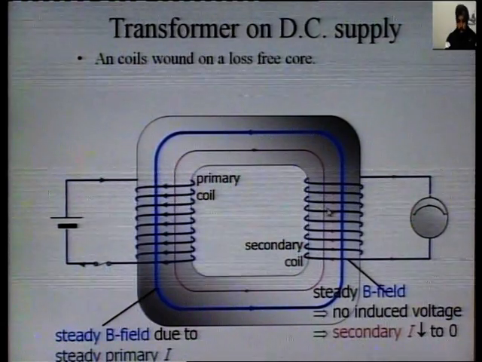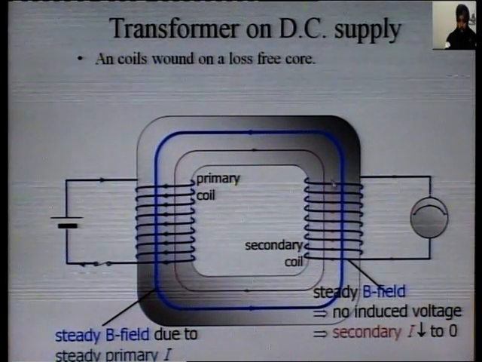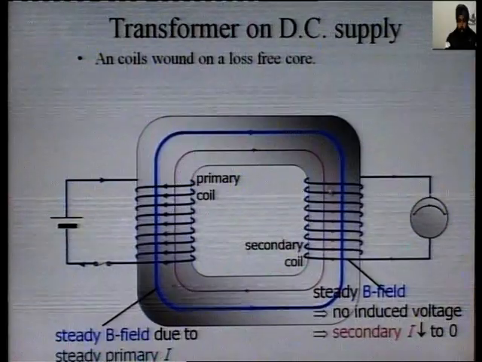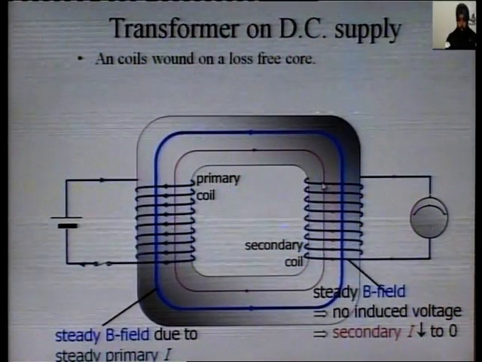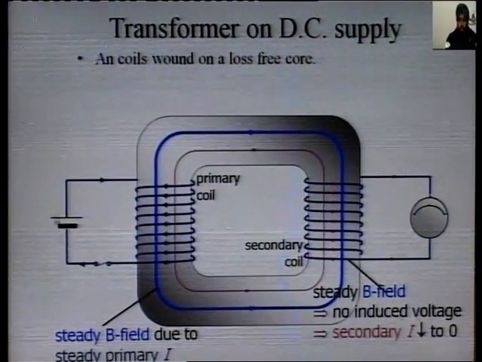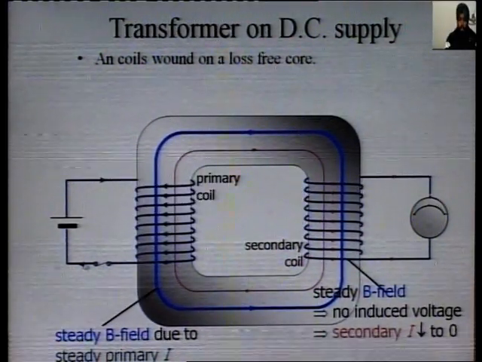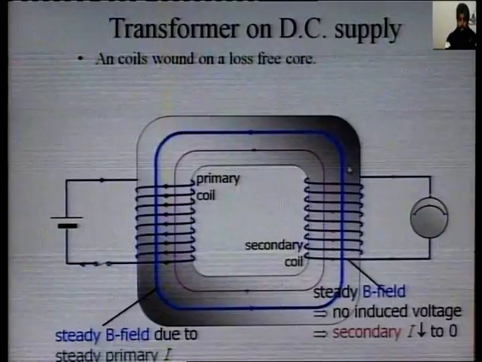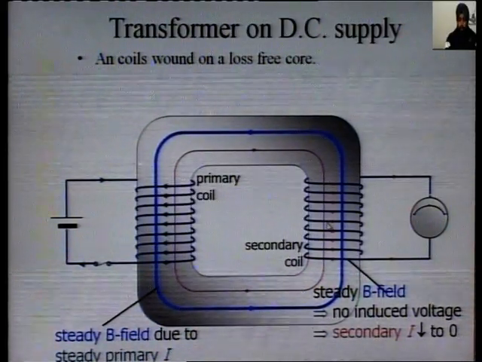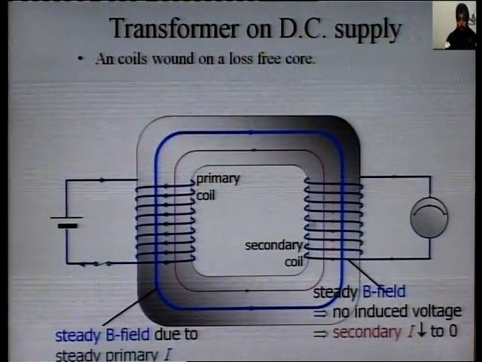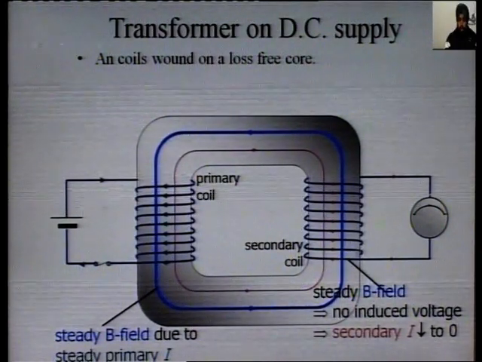First is flux linking, which is achieved. Flux linking is achieved, but the second condition is that flux should change. But if you use a DC supply, then flux change will not be obtained. So flux links but flux does not change, so no EMF will be induced in the secondary coil.